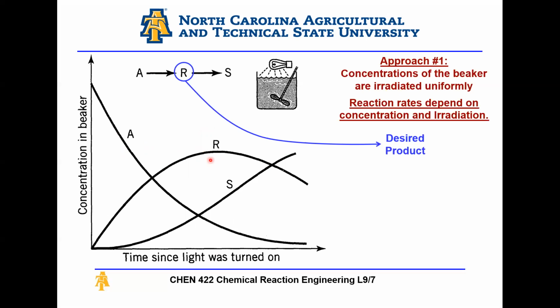There's a lot of R in the beaker compared to A, so R will start taking the lead in this reaction. This second part will start taking over, R will start reacting more, and we'll start seeing more S. So to achieve the maximum amount of R, this is really the best strategy to use. Ideally, I would try to stop the light or stop the reaction once I get to this point, depending on how easy it is to separate these products.